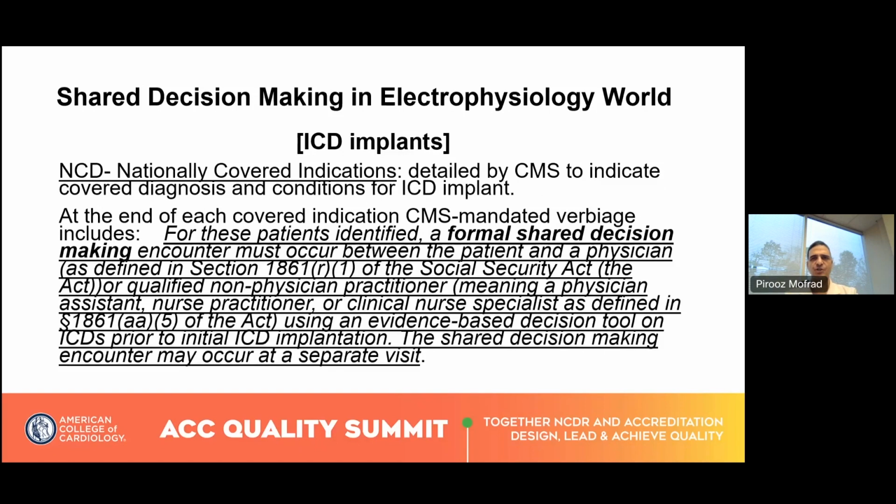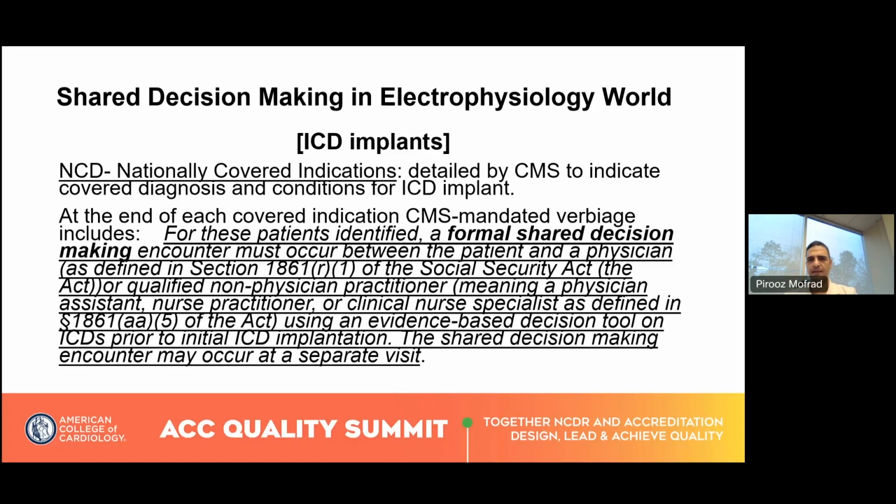So just to share a little bit about the verbiage from CMS and NCD, this is what they actually have written, word for word verbiage from their website. As far as a covered indication, they say for these patients identified, a formal shared decision-making encounter must occur between the patient and a physician or non-physician.